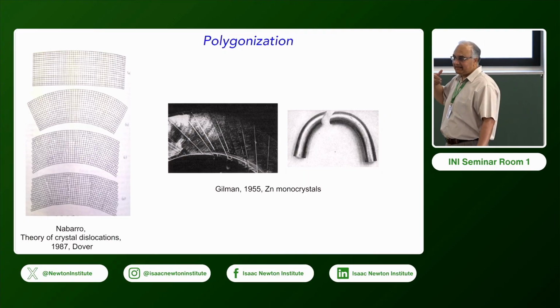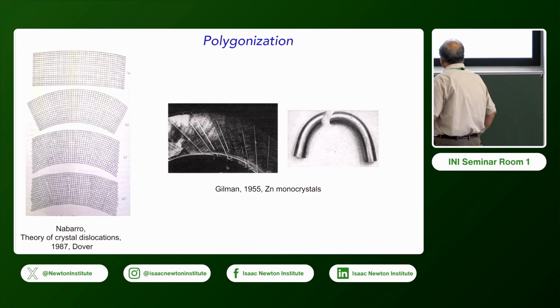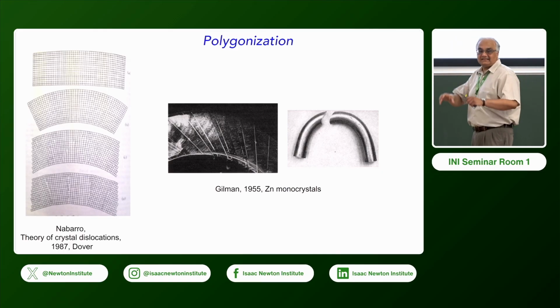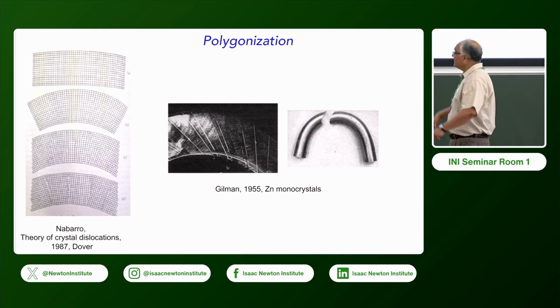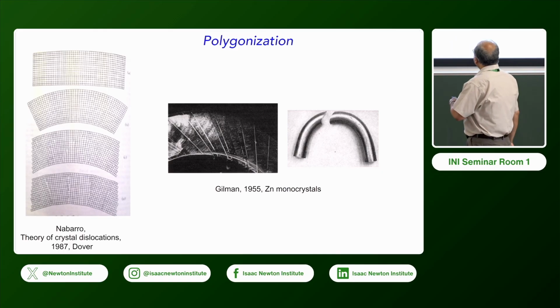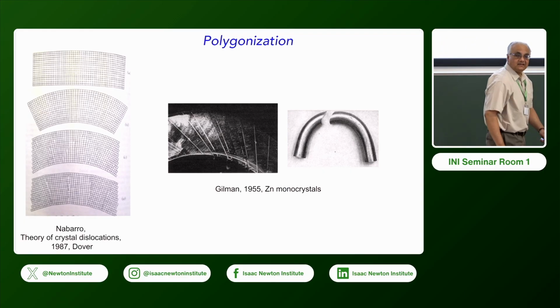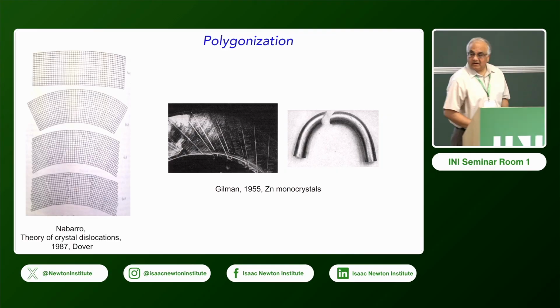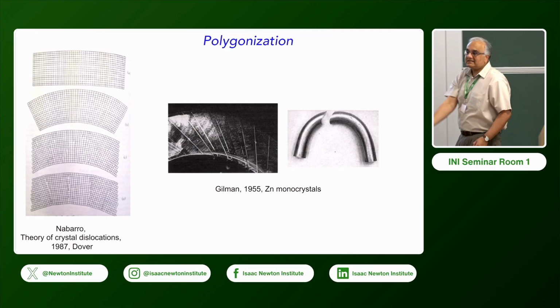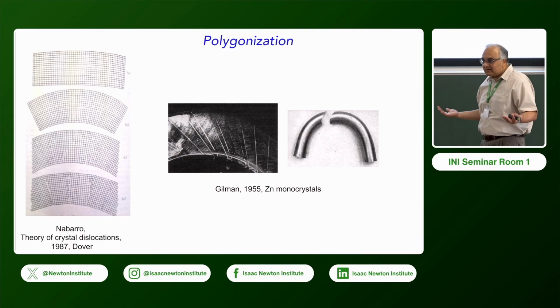This is before even I was born, 1955. It's a single crystal of zinc. It was bent around a mantle, and these are the dislocation walls, and there are the rotations of the slip lattice, and this is when it breaks along a slip plane. So the idea is, you put in dislocation walls, and that makes it zero stress.